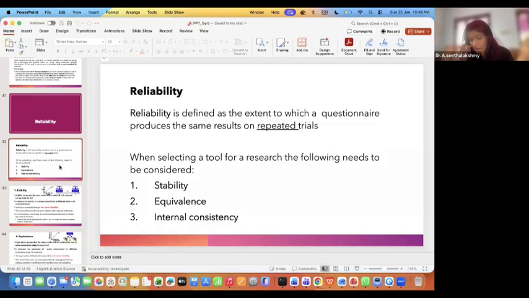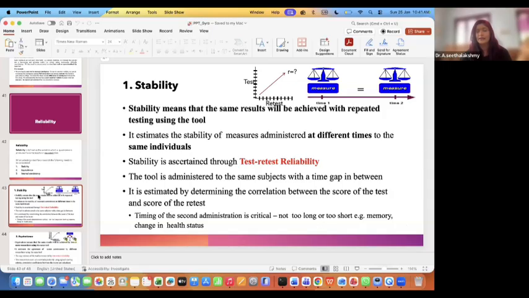So how will we check this? First and foremost thing, stability. What is stability? That means if you are using the questionnaire the first time, today morning you checked the weight, good, 70 kg. Tomorrow morning you check the instrument, 71 kg, I doubt.